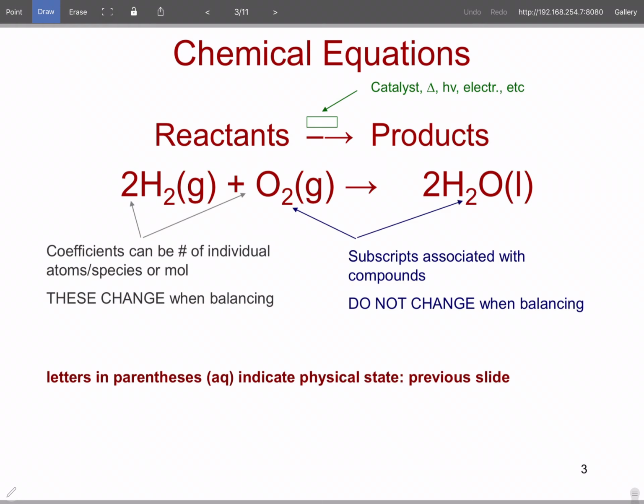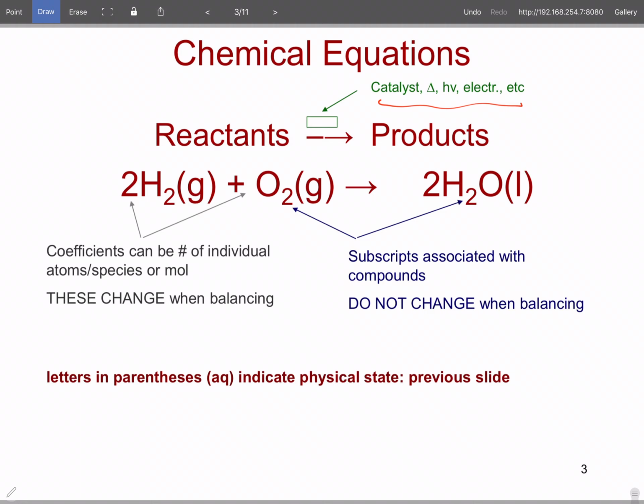Okay, so if you'll notice, up here on top, you have a catalyst, heat, HV is light, electricity, etc. Anything that might be needed to make the reaction proceed is the catalyst. It goes on the arrow, and it's not a reactant, nor is it a product. And especially since when I'm standing in front of a group, I have a problem with left and right, I'm going to use reactants and products for most things.